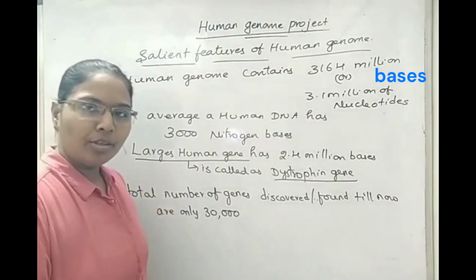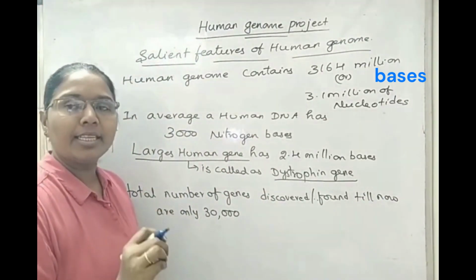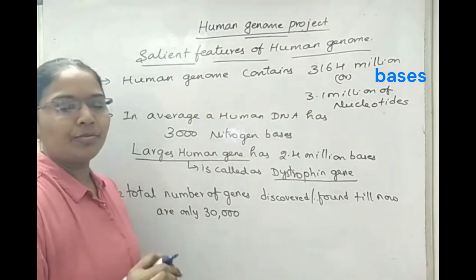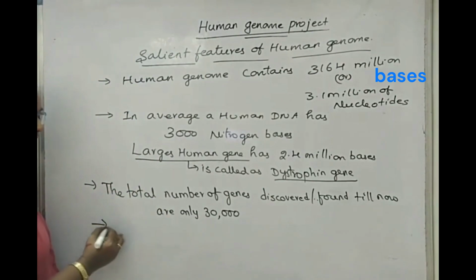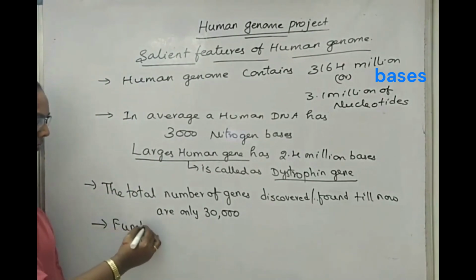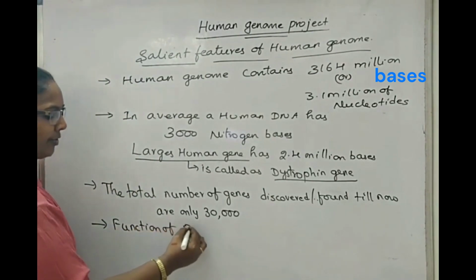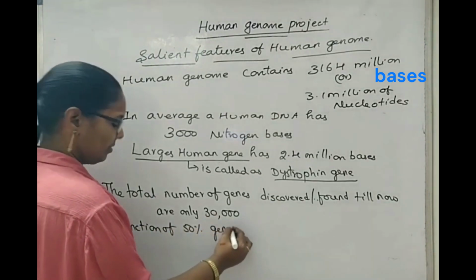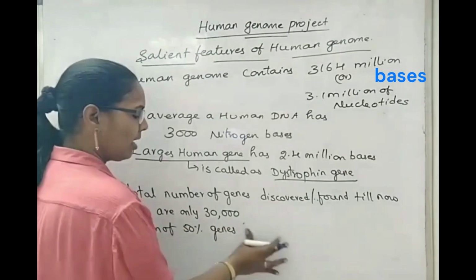Among those genes, 99.9% are identical in all types of organisms. The function of 50% of these 30,000 genes is unknown.